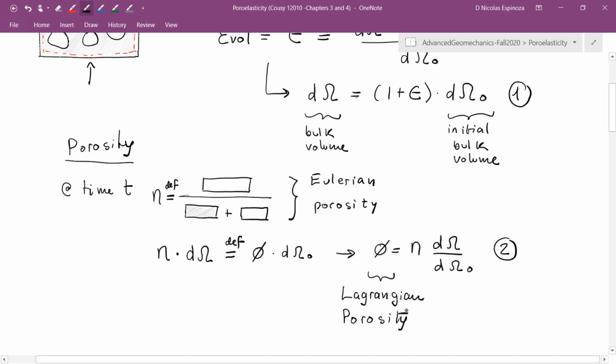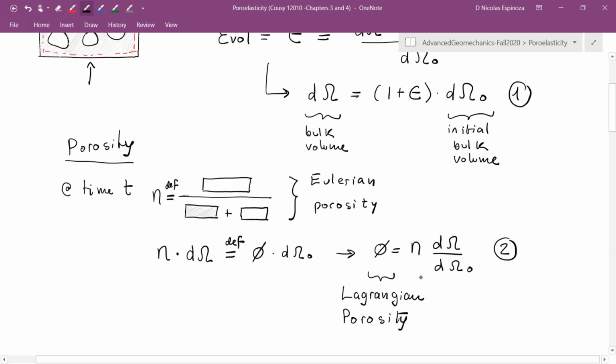All right. Notice that this porosity that we have defined now depends on the initial volume. And this is very similar to what we have done before with mechanics. If you remember, whenever we calculate a strain, we link that to the original shape or to the original volume. And in this case, the porosity that we're going to use in the theory of porous elasticity is also linked to the initial volume.